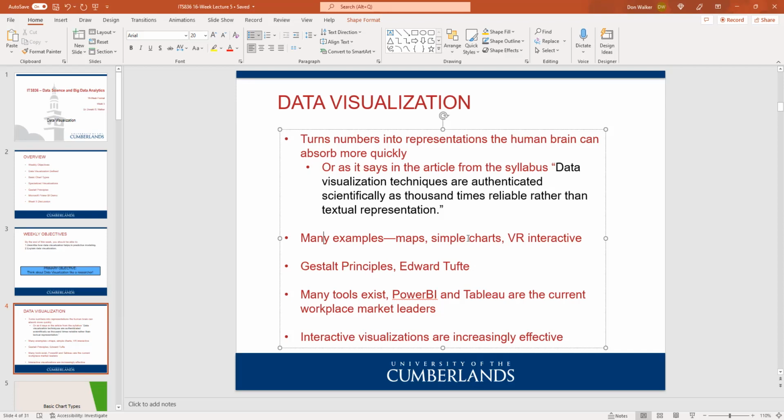And there's a couple of people that, if you're into data visualization at all, you should probably have heard of. One is a German psychologist 100 years ago, Gestalt, who wrote out some laws of human perception. We'll go over those.